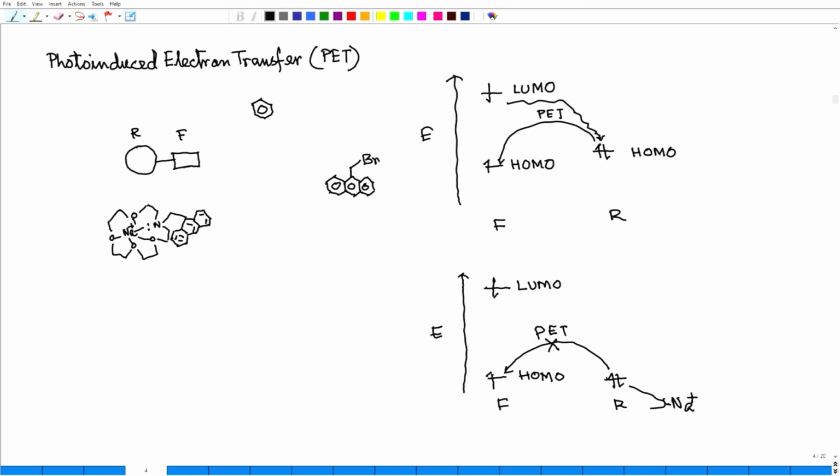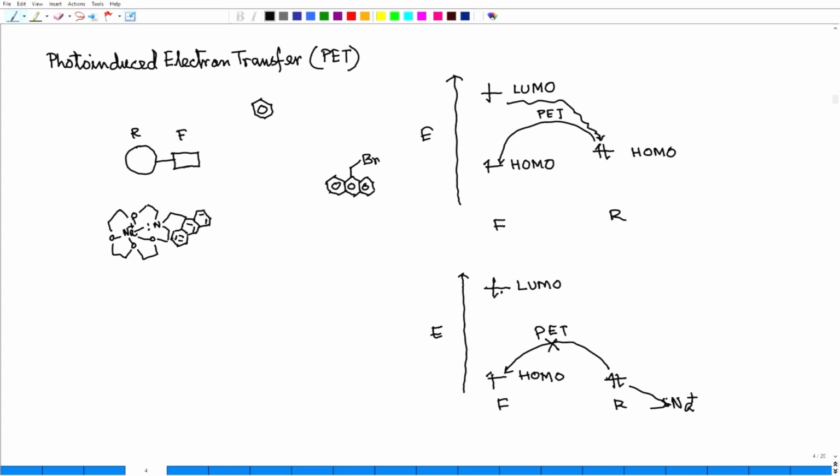PET is not possible anymore, because this lone pair orbital is lower. From lower energy, an electron cannot go to higher energy. That is point number 1. Point number 2 is this lone pair is engaged to the sodium ion, so it cannot donate. Therefore, when I excite it now, one of the electrons goes to the LUMO, but it cannot stay there.